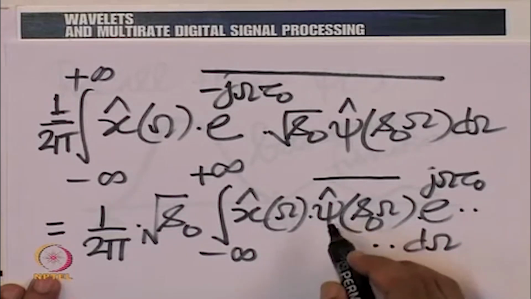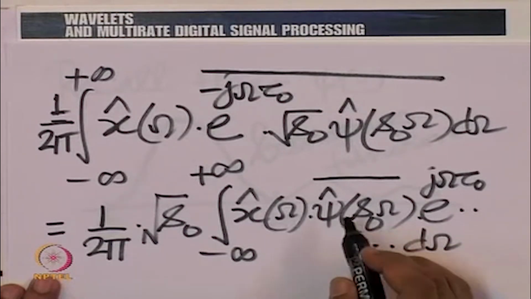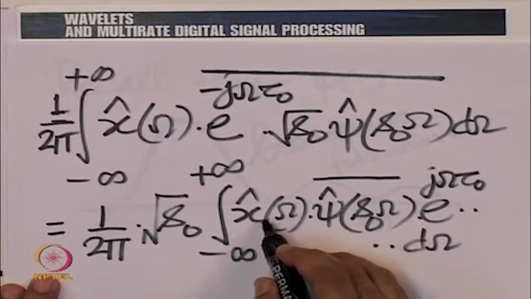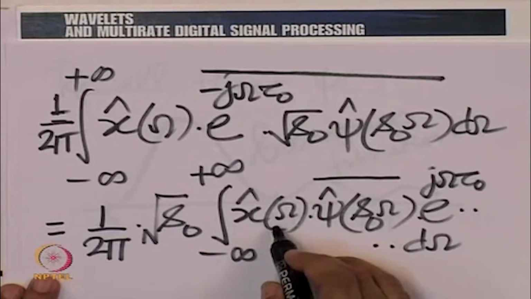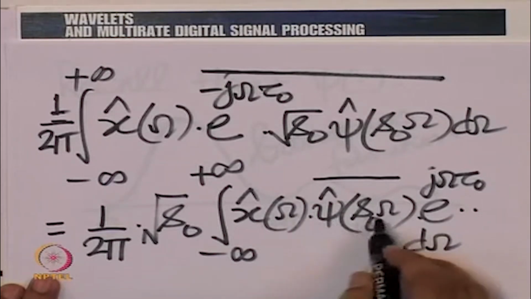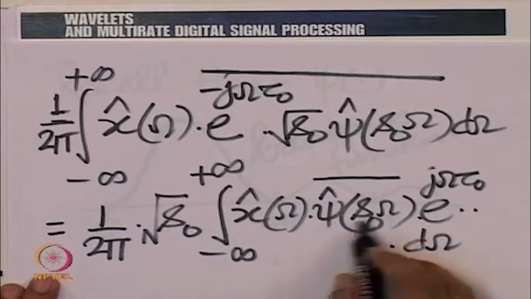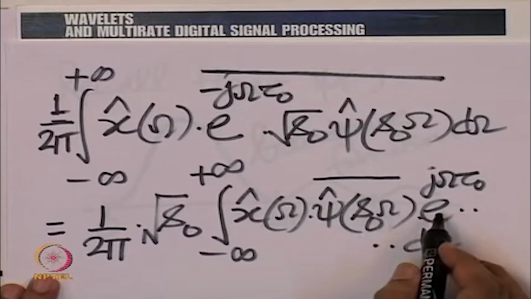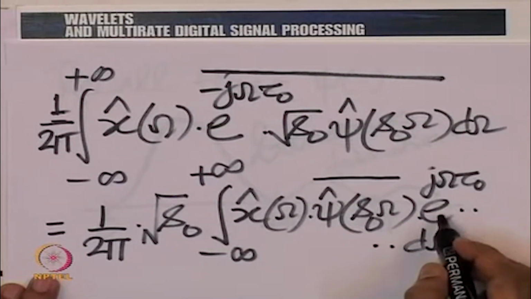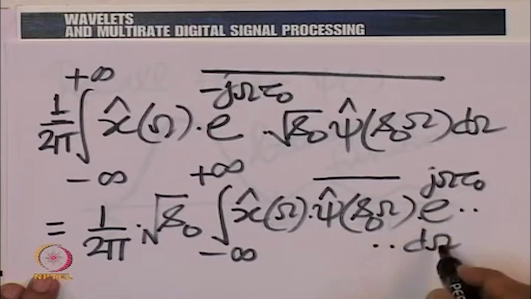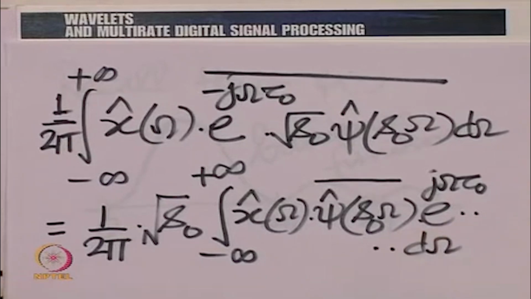Now, if you accept that psi is a band pass function, then what you are doing here is essentially to extract a region of frequencies in the Fourier transform of x, which lies around the appropriate dilate of the Fourier transform of psi, and you are calculating the inverse Fourier transform. The inverse Fourier transform, this integral after multiplication by e raised to the power j omega tau naught with respect to omega, essentially means the output after doing this work in the frequency domain.